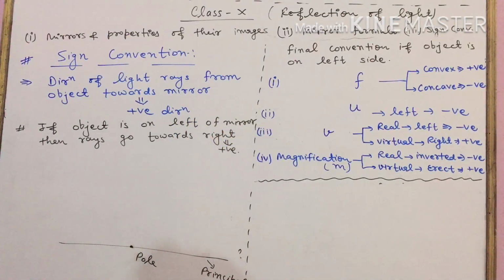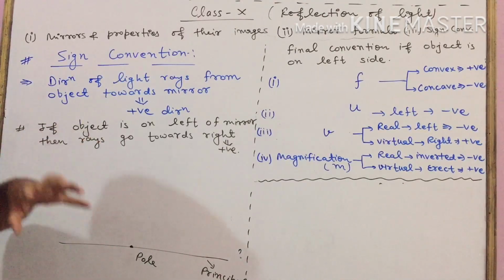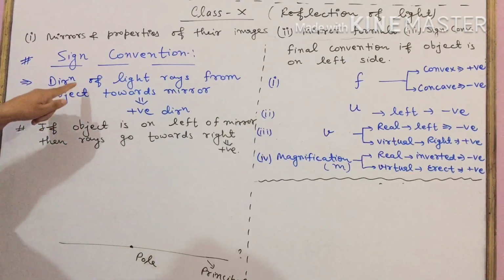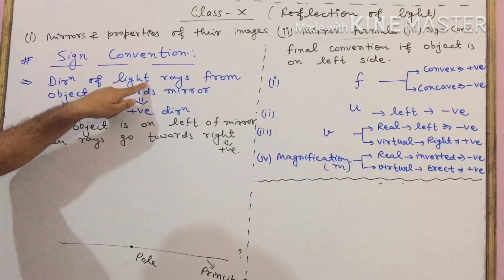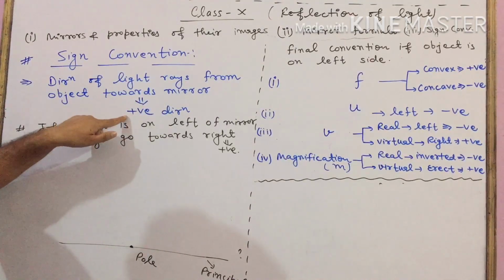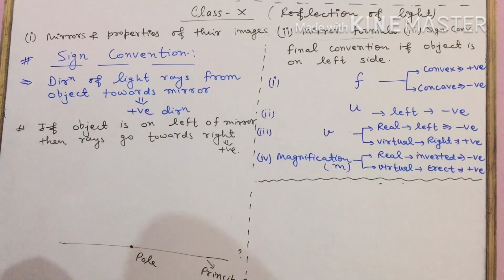The basic of this convention is that all the distances which we are measuring from the pole, if the distances are in the direction of light rays from the object towards the mirror, that direction should be the positive direction.